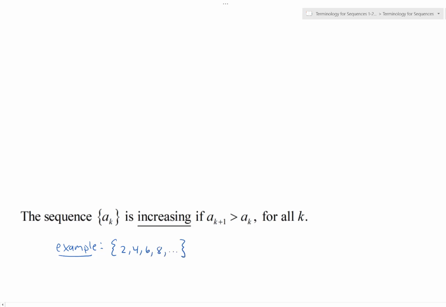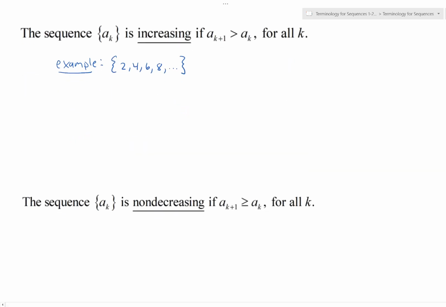In other words, that is all the even natural numbers, and each next term is bigger than the previous term. So a2 is bigger than a1, 4 is bigger than 2, a3 is bigger than a2, 6 is bigger than 4, and so on and so on. So that's strictly increasing.